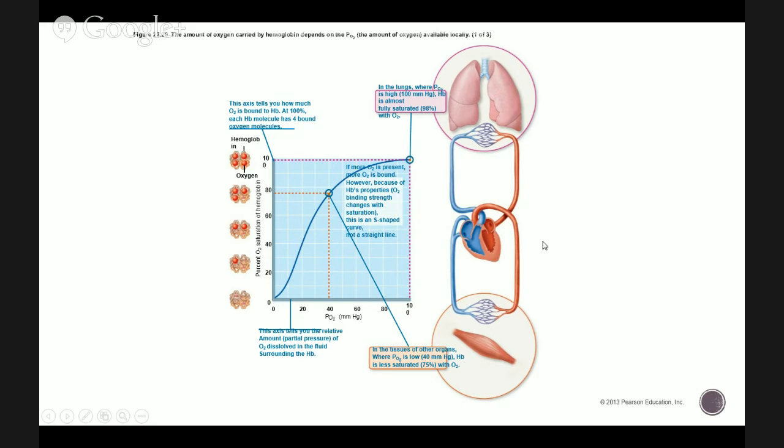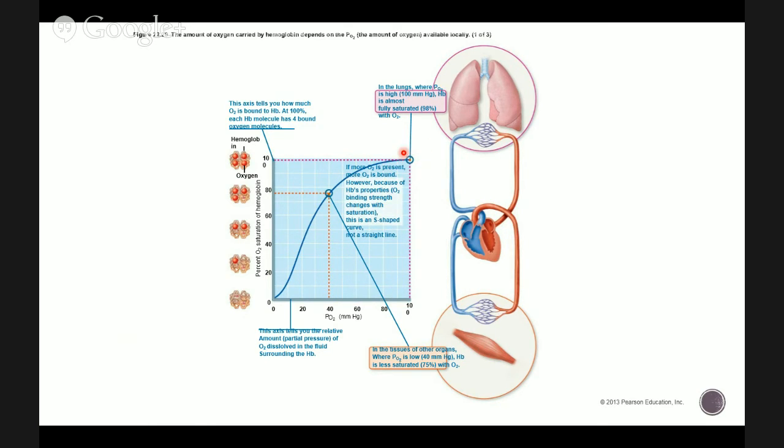So look at this picture here. This is what it's trying to show you. Using my laser pointer, if you look here, the partial pressure of oxygen is shown across the bottom. The percent saturation of hemoglobin is here. As you move across to the right, you can see that the percent saturation goes up.